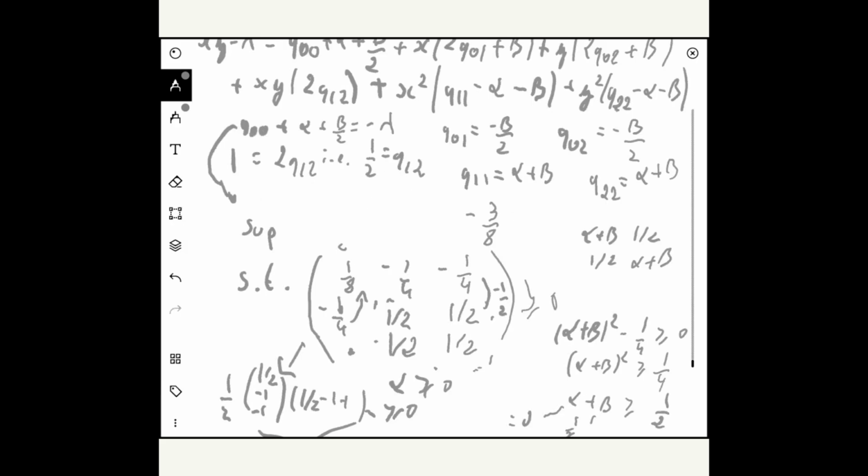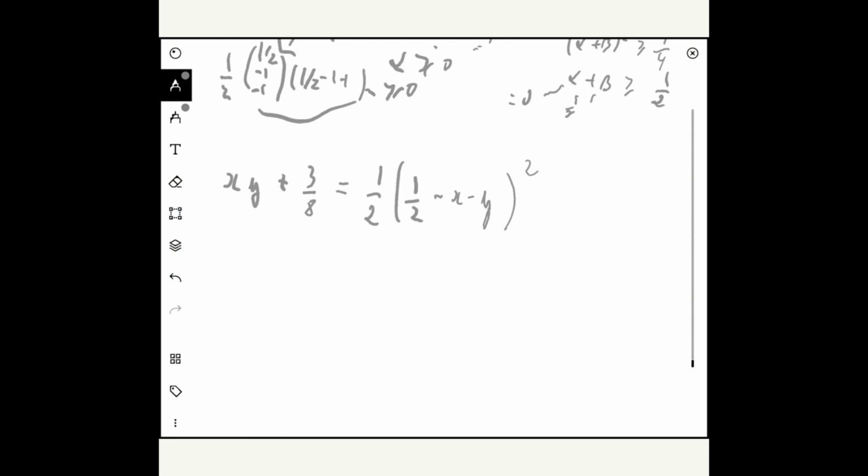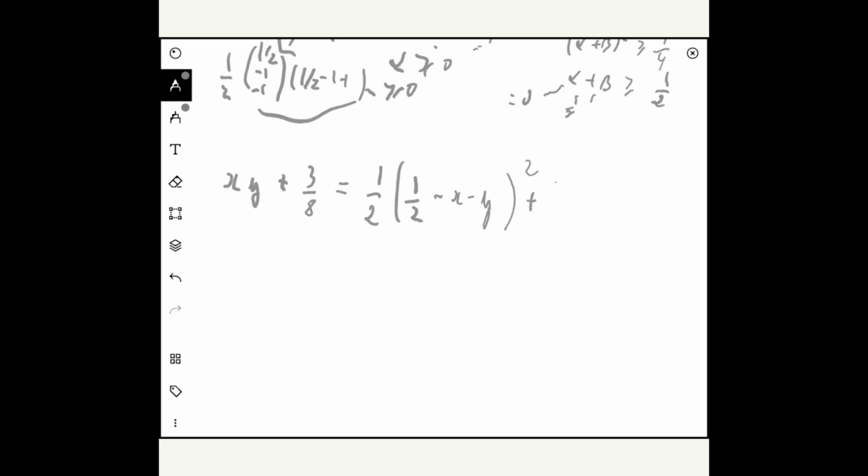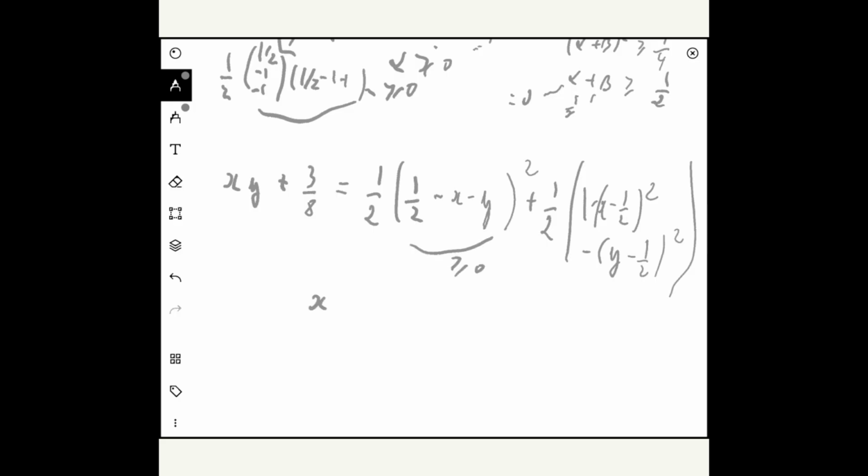But after that we have beta, which normally is 1 over 2, 1 over 2 of what was inside, which tells us finally that this is superior to 0 now, and so we just have xy plus 3 over 8.